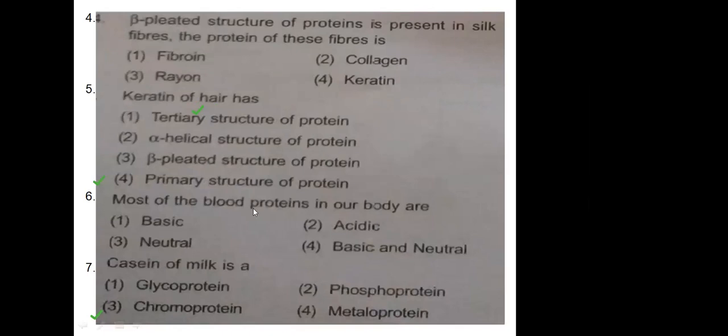Beta-pleated structure of protein is present in silk fiber. Protein of these fibers is fibroin. Keratin of hair has alpha helical structure of protein.